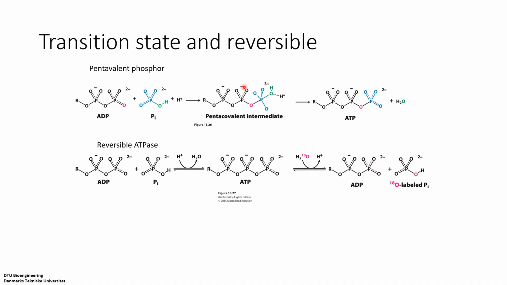But if water is not present, this is where it's really important that the enzyme keeps the rest of it out. We get ATP formed and we get water released from this reaction. So this part is reversible, of course, but it is also reversible the other way around. And these are the steps inside the ATPase, which is ongoing all the time when it's turning.